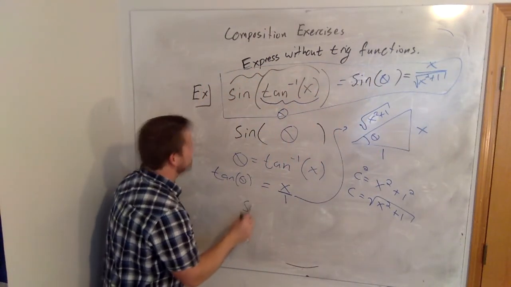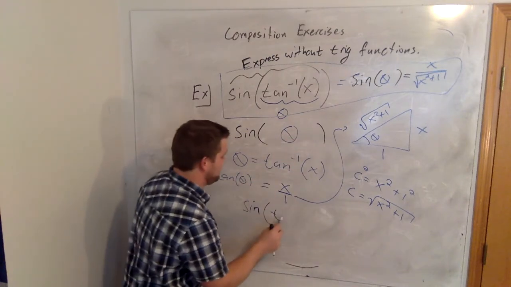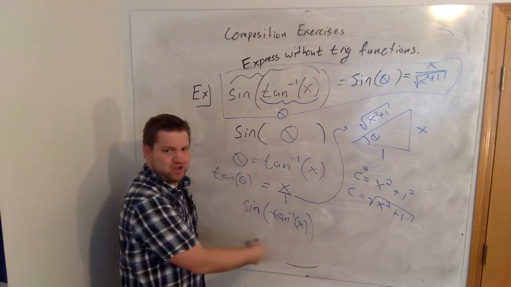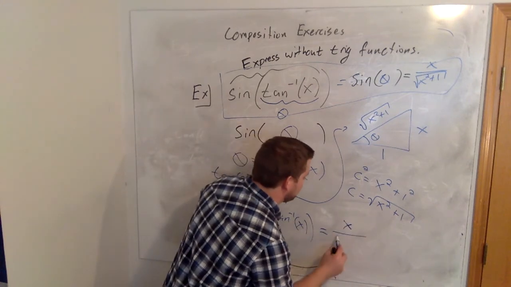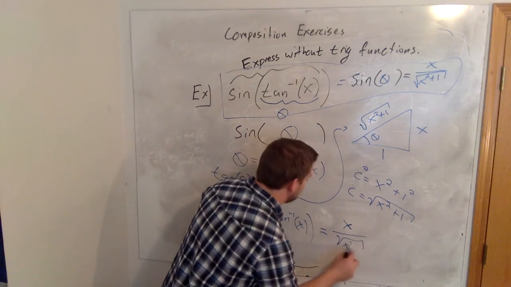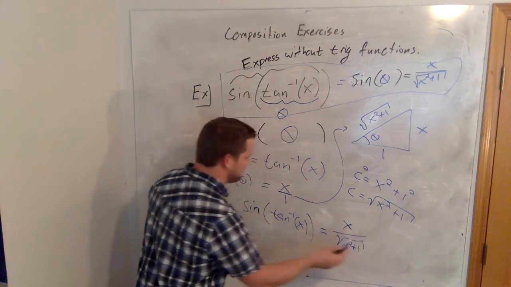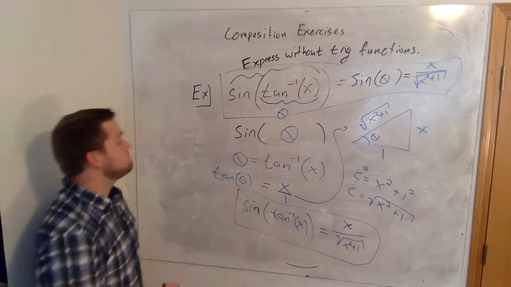This is saying that the sine of the tan inverse of x, this ugly trig expression, can be written just as x all over the square root of x squared plus 1. This is so much nicer to work with.